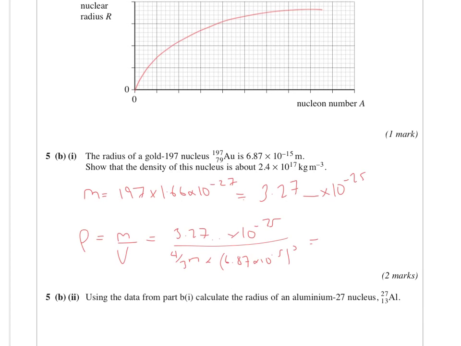So divide by 4 divided by 3 divided by pi divided by 6.87 times 10 to the power of minus 15 to the power of 3, which is 2.407 times 10 to the, sorry, not minus, to the power of 17, which is roughly 2.4 times 10 to the 17 kilograms per meter cubed.